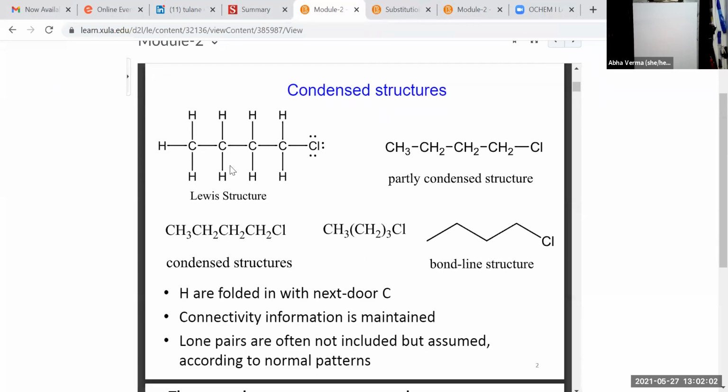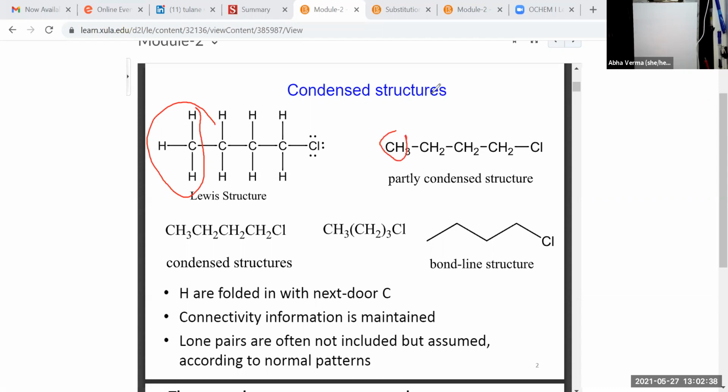So for example, all of you are able to see my cursor. If you look at the first structure that we have here, this is what we have been looking at so far, the Lewis dot structure. Now, instead of writing out all of these hydrogens individually, what if I condense all of these units as CH3?